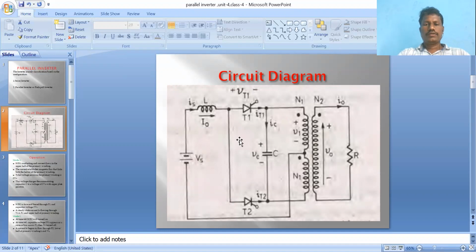In this parallel inverter, the capacitor voltage is 2 VDC. Actually, we apply the voltage Vs, that is VDC, where the capacitor voltage is equal to 2 VDC. Why? Because suppose the primary current flows only up to this portion. So what about the second portion?